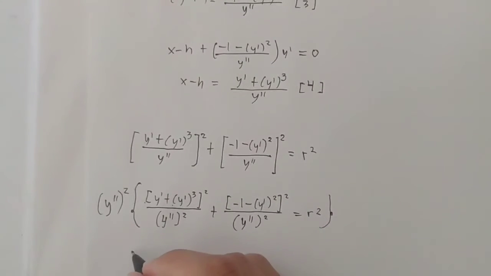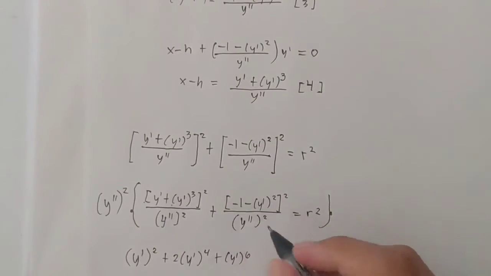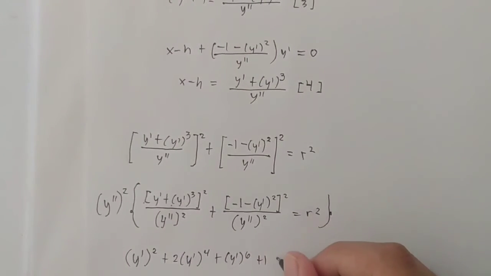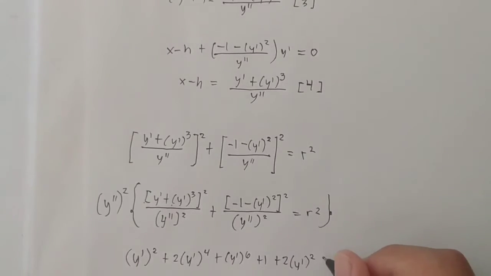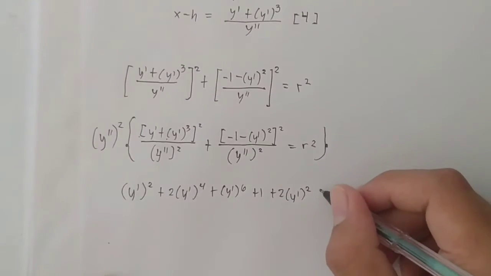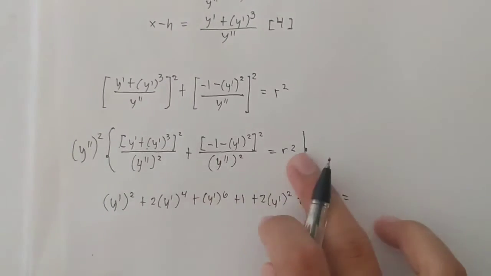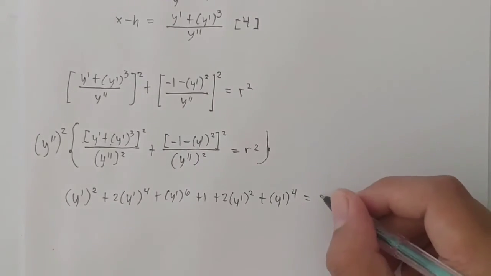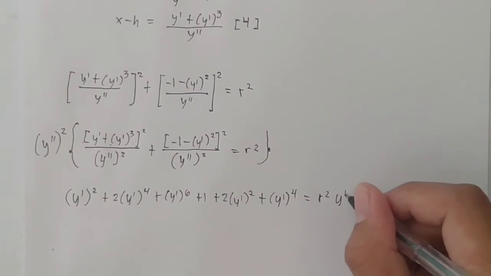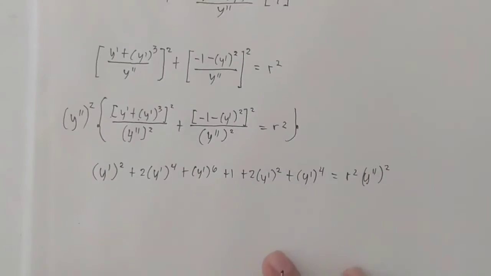So this will become y prime squared plus 2 times y prime to the 4 plus y prime to the 6. Then this is 1 plus 2y prime squared plus y prime to the 4 equals r squared times y double prime, r squared y double prime squared.